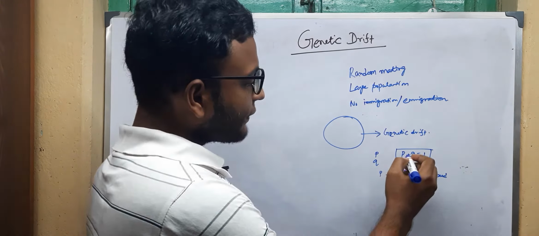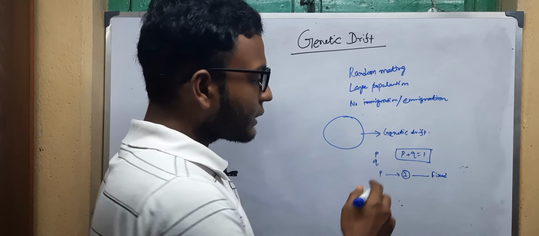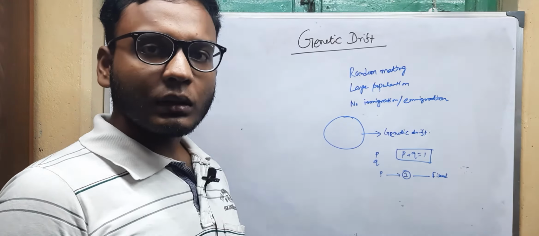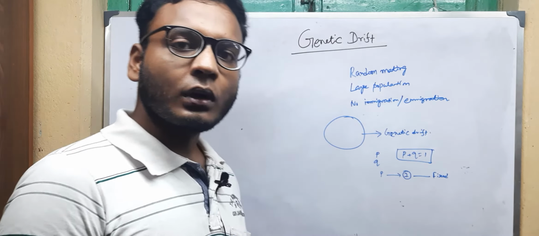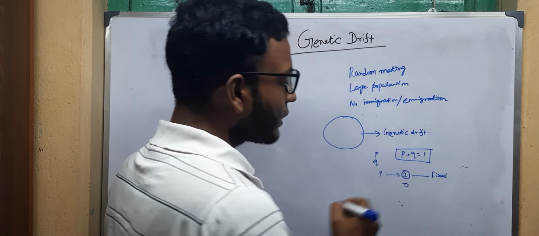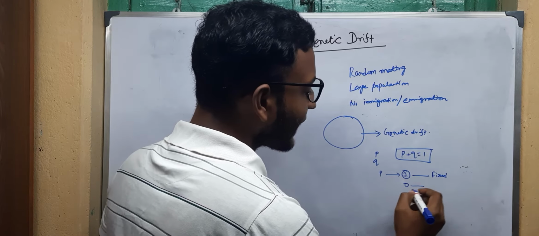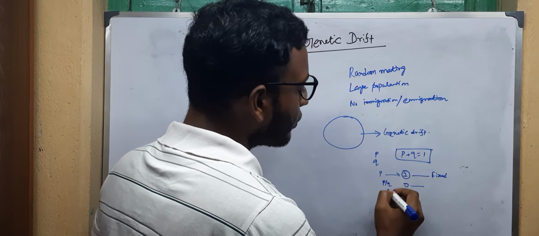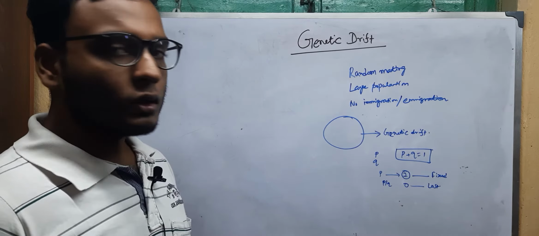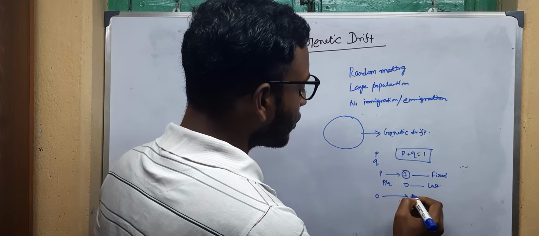Or if a situation happens where one allele frequency in a population is 0, then we can say that this allele P or Q is the lost one. So the allele frequency varies from 0 to 1.